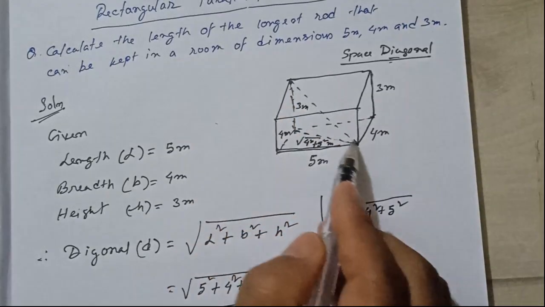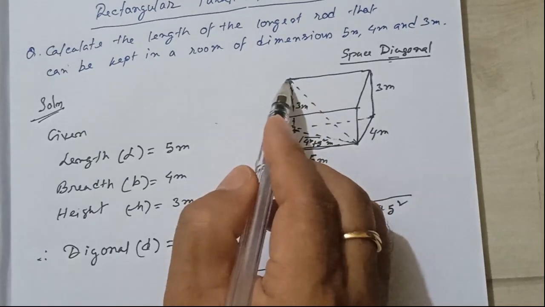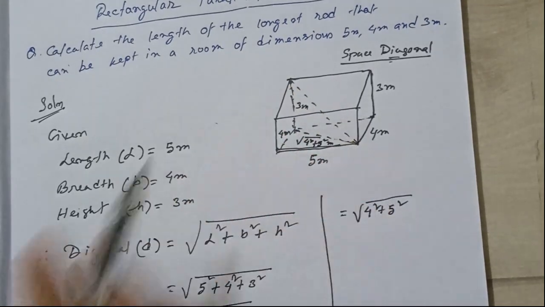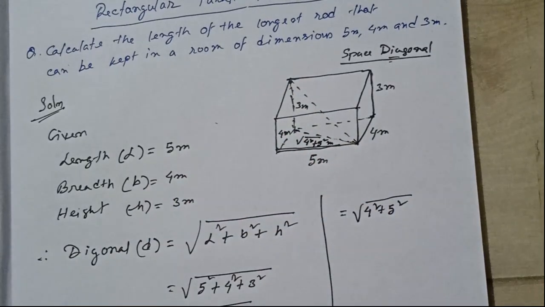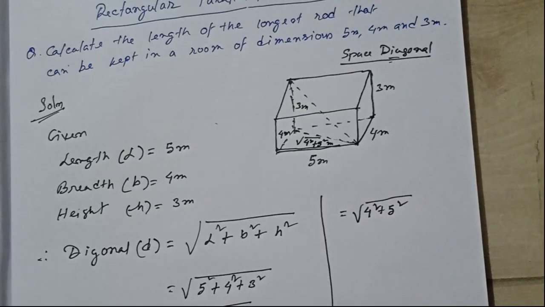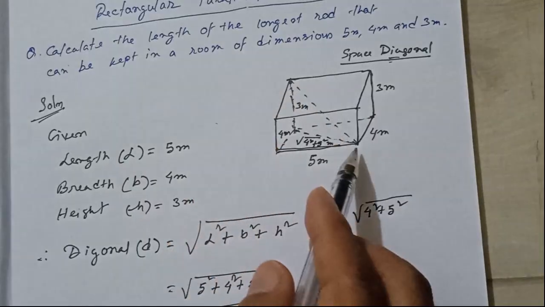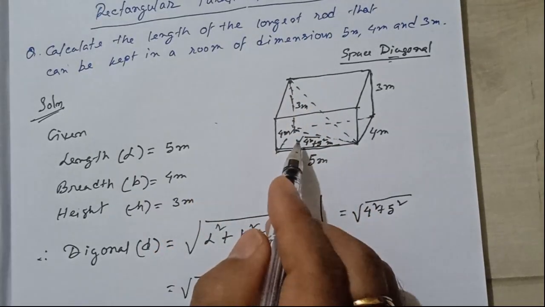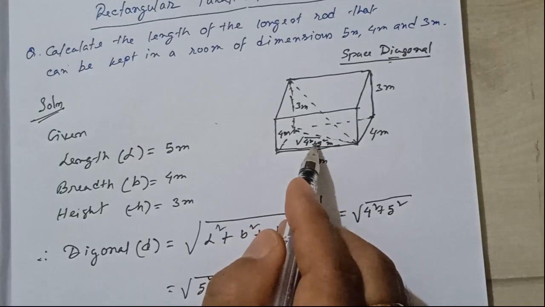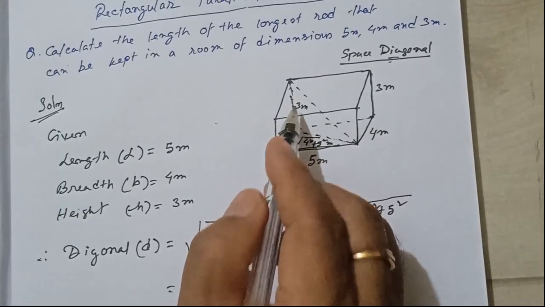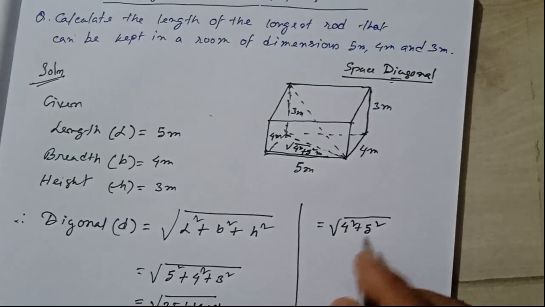So from this right angle triangle we can get this value, again applying Pythagoras theorem, right? So what will be the value of this diagonal hypotenuse? It will be this one squared plus this one squared, square root over, right?